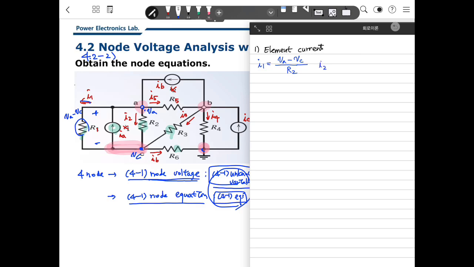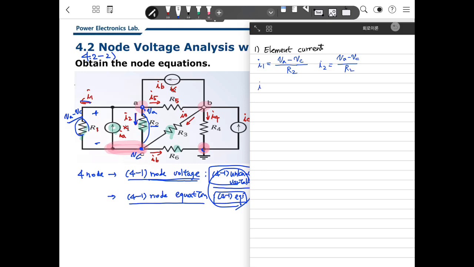Then what is I2? I2 is the same thing, because I2 is defined here this way, and this is VA and this is VC. So the voltage difference is the same, VA minus VC. So VA minus VC divided by resistor R2, because that is Ohm's law.